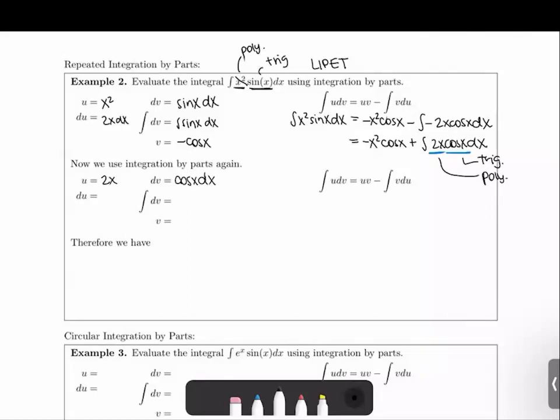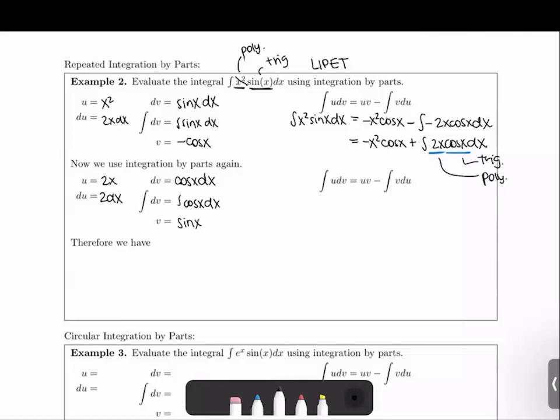Now we just do the process over again. We take the derivative of 2x, which is just 2 dx, and we integrate dv, which is the integral of cosine of x dx. When we integrate cosine, we get positive sine.